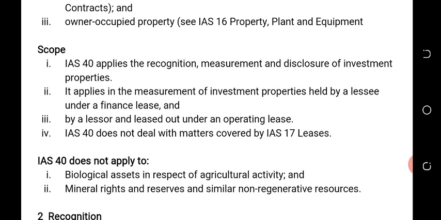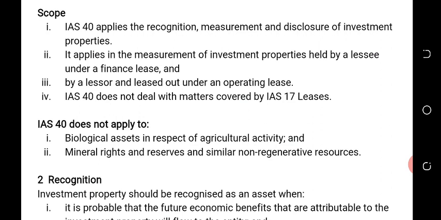Now, what is the scope of the standard? One, IAS 40 applies to the recognition, measurement, and disclosure of investment property. So how will you recognize an investment property for the initial recognition, measurement, subsequent measurement and disclosure is under the scope of this IAS 40.